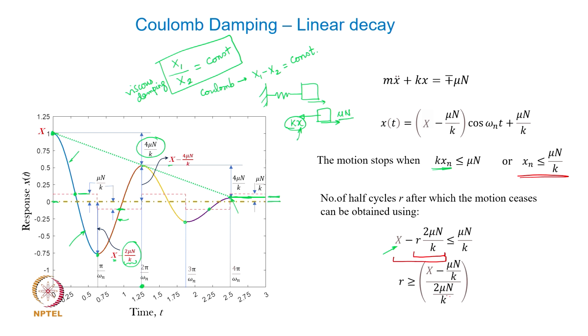Okay. So, if you know what your initial amplitude is, then it is possible to find after how many half cycles the motion will cease. And in fact, this is an important distinctive feature of Coulomb damping that you should understand: the mass will never come to the original equilibrium position, and it so happens that it can suddenly get locked to a non-zero position, away from the equilibrium point.